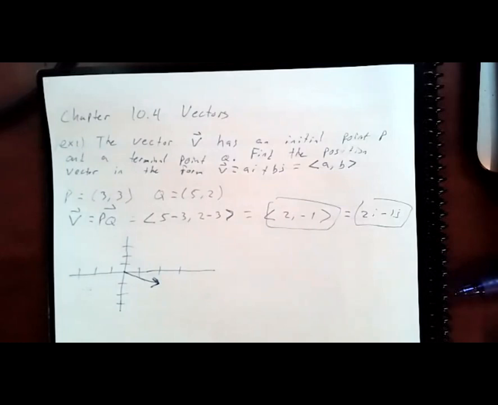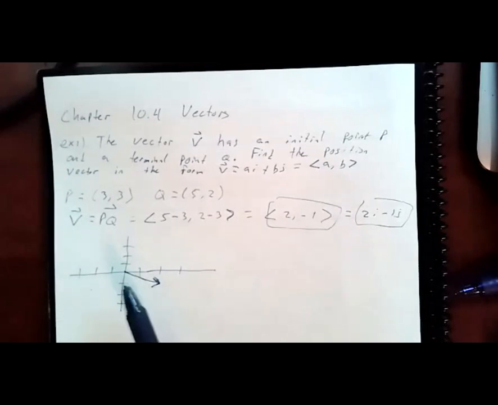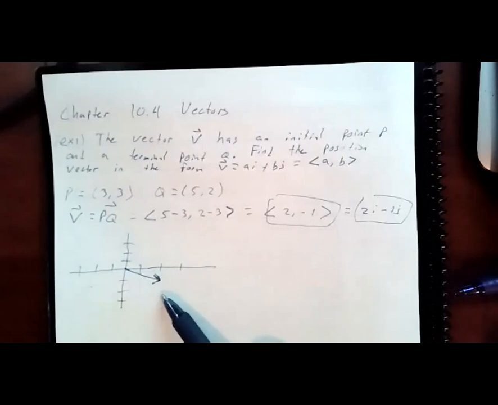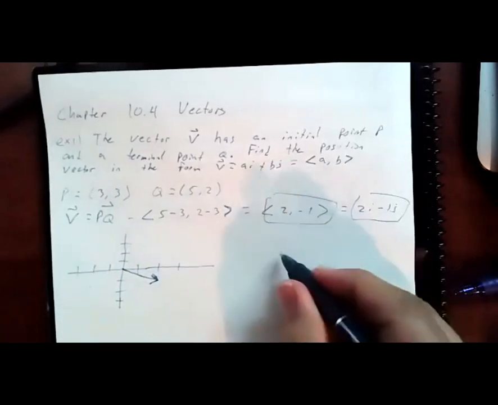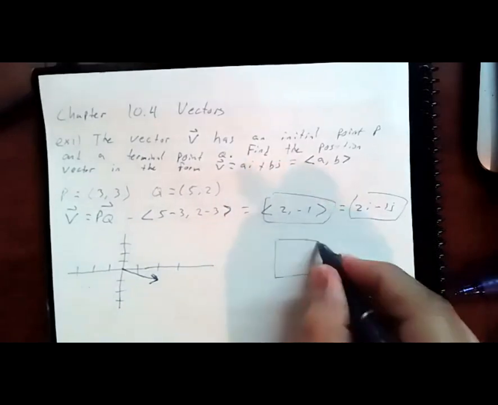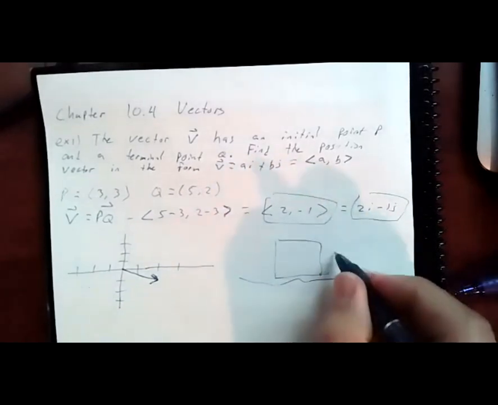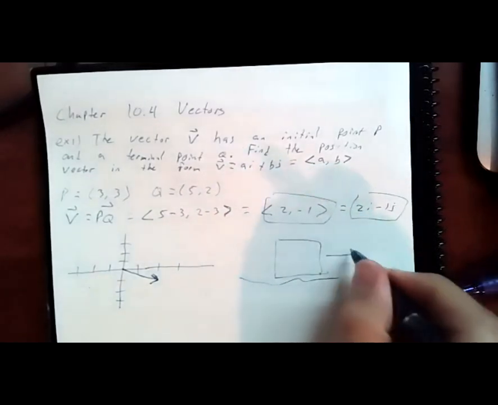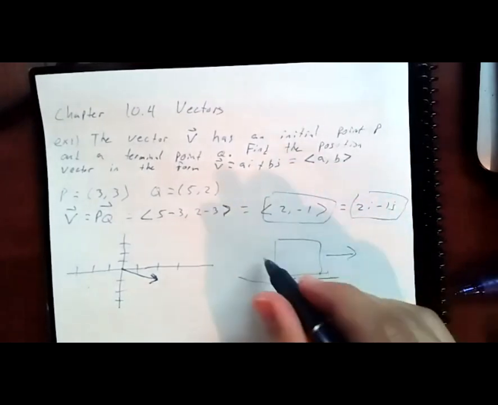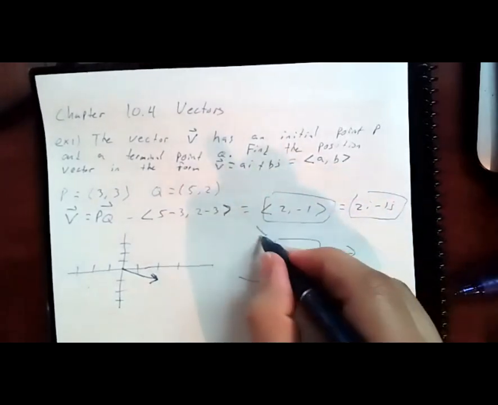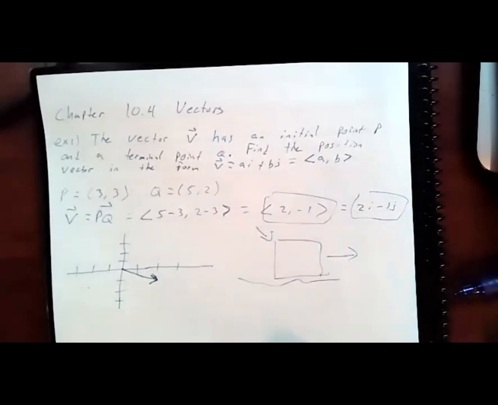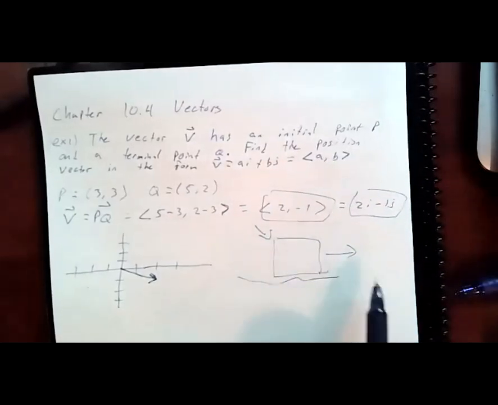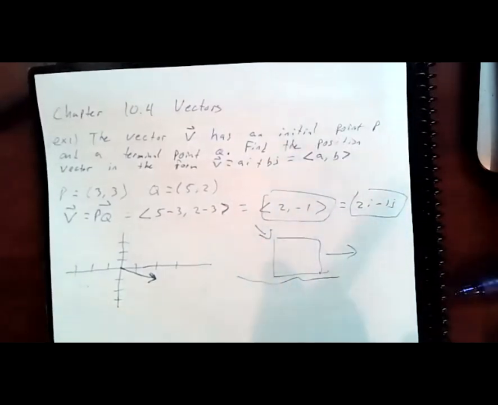Mathematically it doesn't mean much, but if you apply it to real world stuff, this arrow could represent how much force is being applied at this angle from a real life problem. Like if you have a box and you're pushing it on the ground, you can apply vectors in different directions. If I'm pushing it straight on or at an angle, you start creating vectors that you will add together to create a total force on an object.